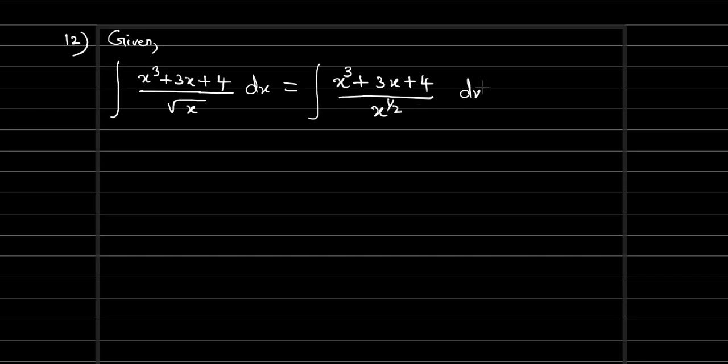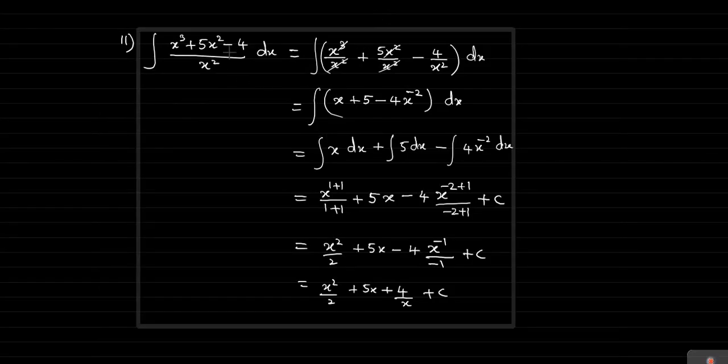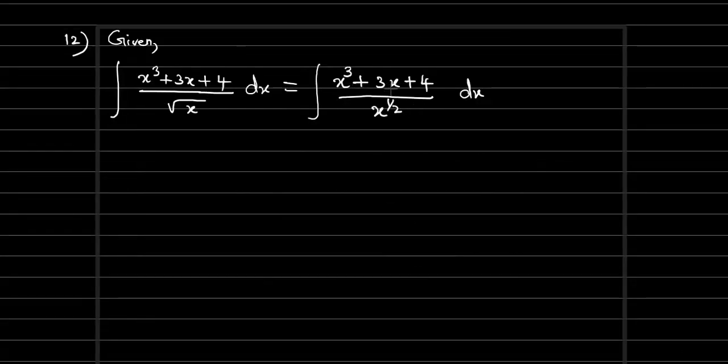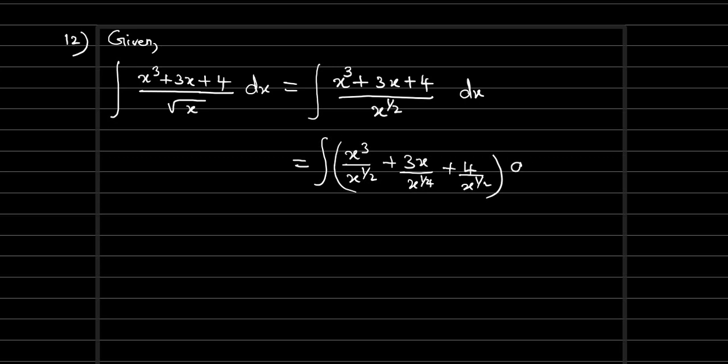In the last sum, as I told, the denominator is common for each and every term, right? The same way, this x power 1 by 2 is also common for each and every term. So integral x cube by x power 1 by 2 plus 3x by x power 1 by 2 plus 4 by x power 1 by 2 dx.